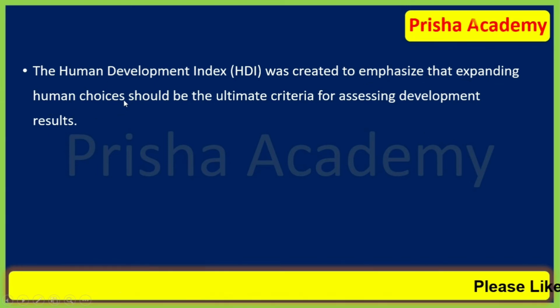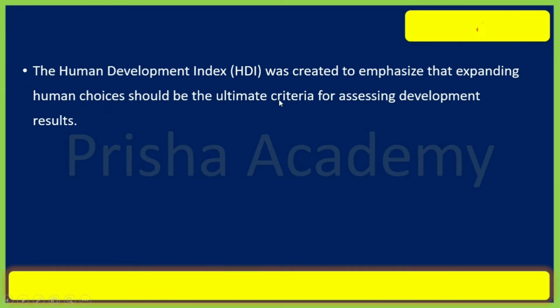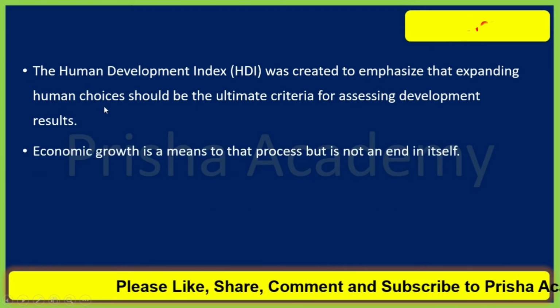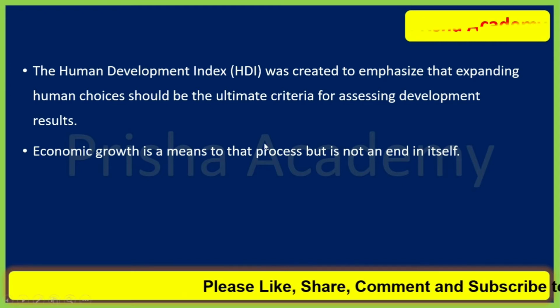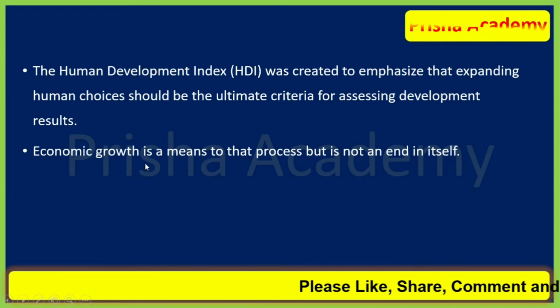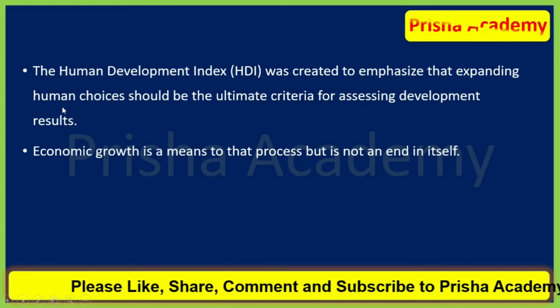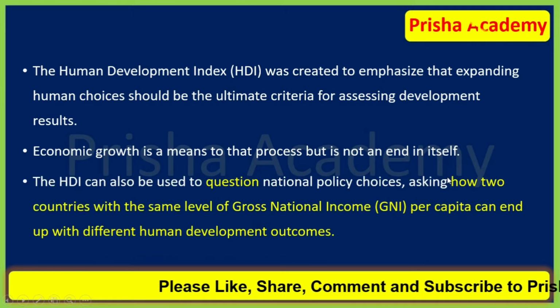So it is more or less focused on humans rather than the economy. So the center point here is human development. And economic growth is a means to that process but is not an end in itself. Economic growth helps in expanding the choices of humans, but it is not the end itself.